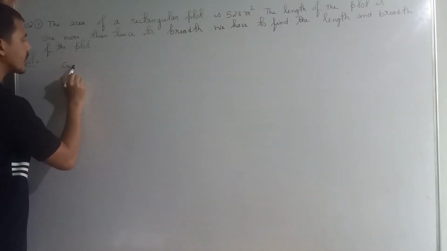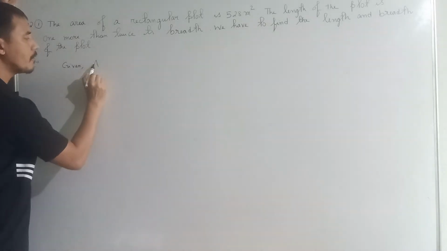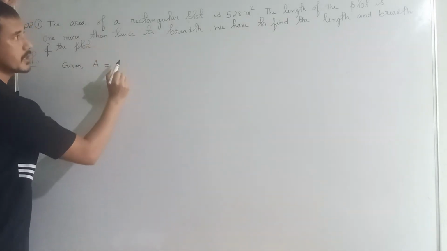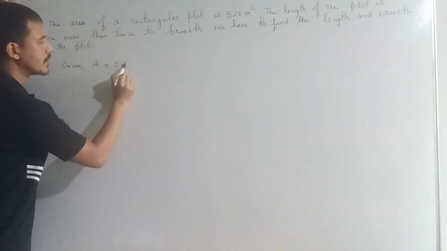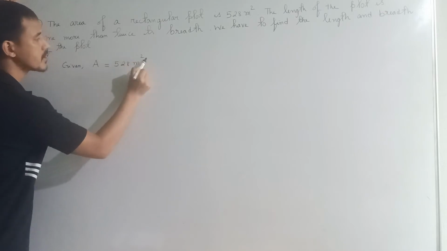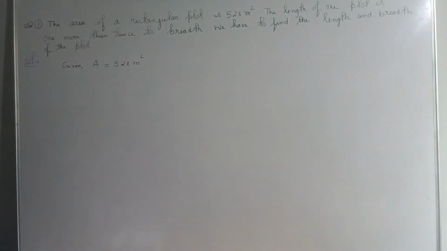So it is given that the area of your plot is 528 square meters. Area of the plot is given to be 528 square meters. The length is given in terms of breadth, right?